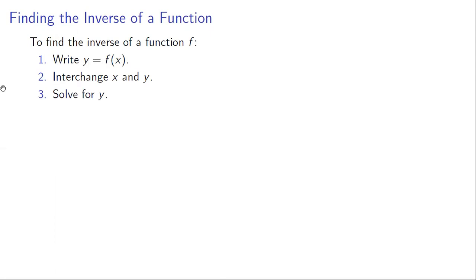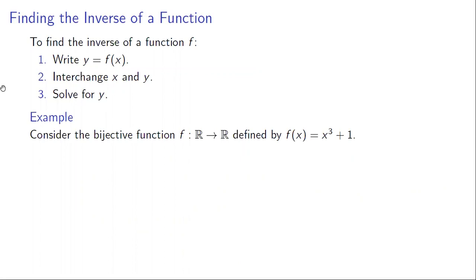So let's look at an example. Consider the bijective function f from the real numbers to the real numbers, defined by f of x is equal to x cubed plus 1. Now we're not going to bother proving that this is a bijective function. I'm just telling you it's a bijective function. We would like to find the inverse of this function. So to find the inverse of f, step 1 is we write y equals f of x.